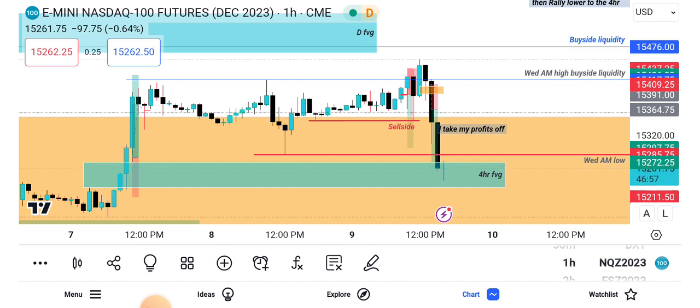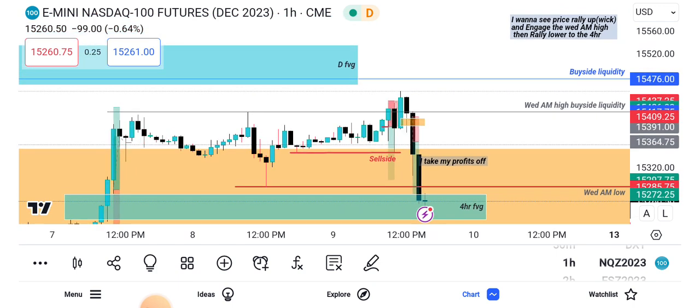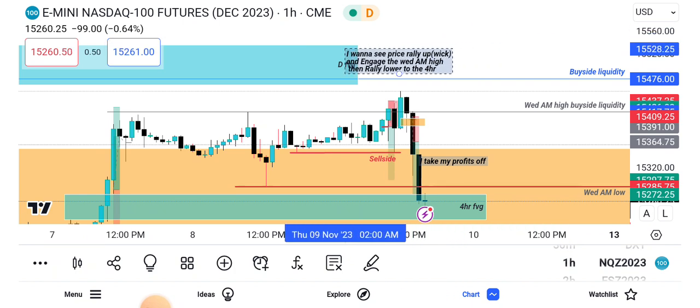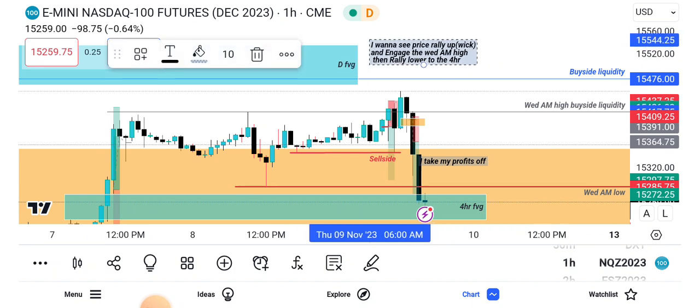What I was anticipating today, from the note I'd written here, is I want to see price rally up by a week, into brackets, to engage the AM high, meaning there was liquidity there to engage, then rally lower. So we can see that's what happened.